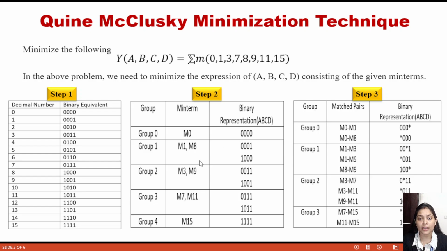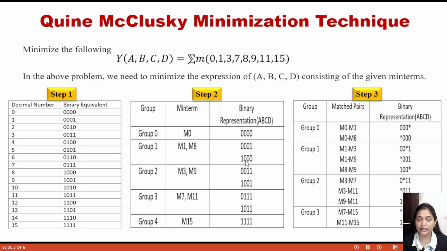Okay, now we will compare M8 and M3. M8 is 1000 and M3 is 0011. You can see in this comparison that in the first bit, the most significant bit, there is a change, 0 and 1.